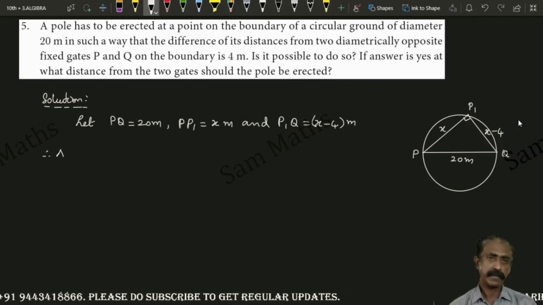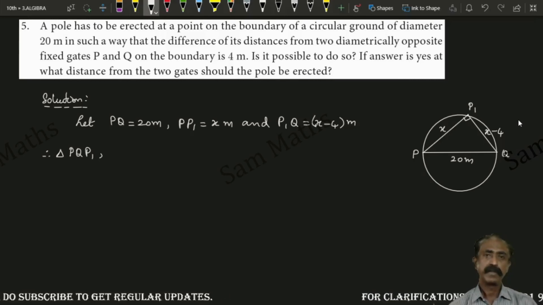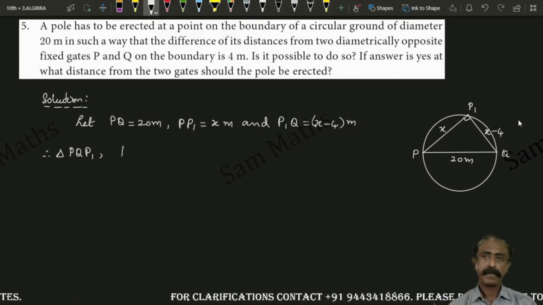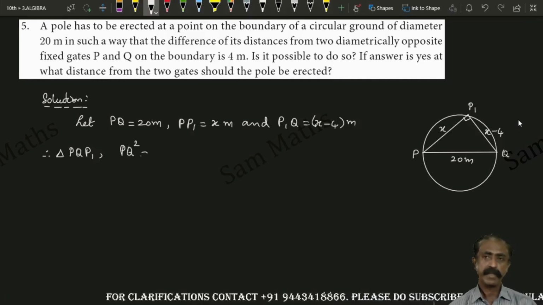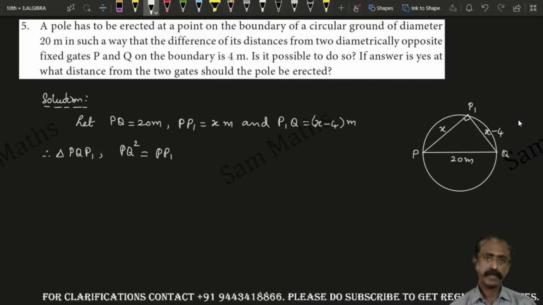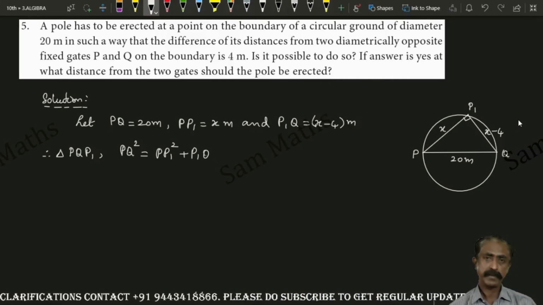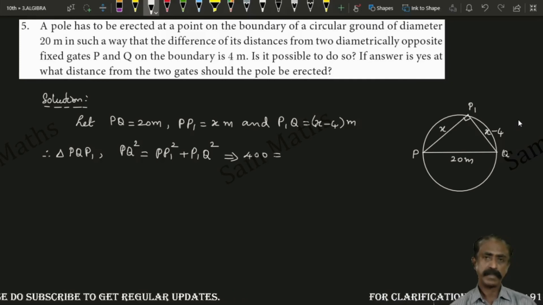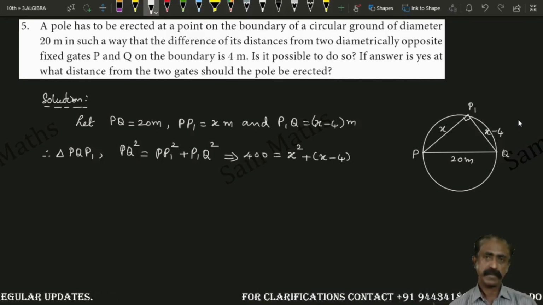Therefore, from triangle PQP1, we can use Pythagoras theorem, that is PQ square equal to PP1 square plus P1Q square, which implies PQ square, that is 20 square, that is 400, equal to PP1 square, that is x square plus x minus 4 the whole square.